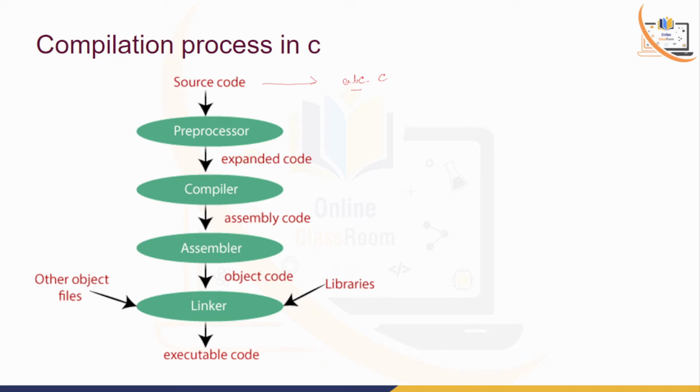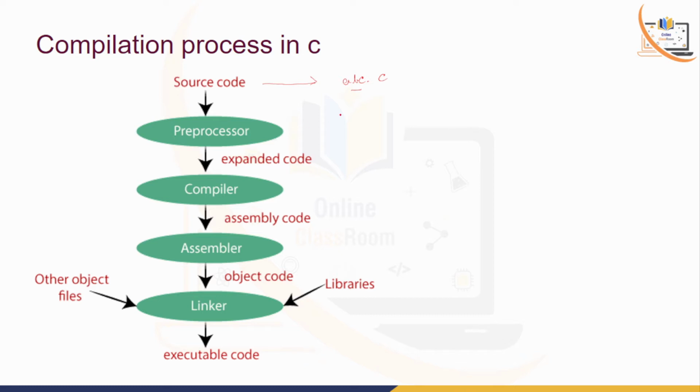So at first the source code goes to the preprocessor. Inside the preprocessor, the source code is converted to the expanded code. The extension of the preprocessor output is .i. It is a serial process.